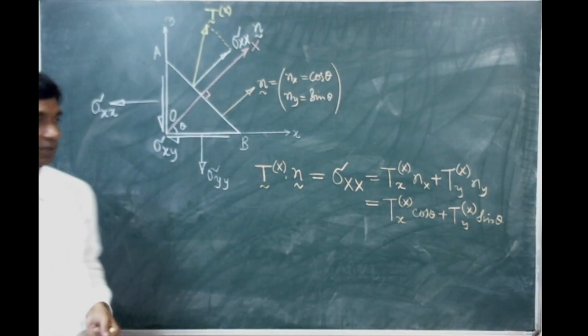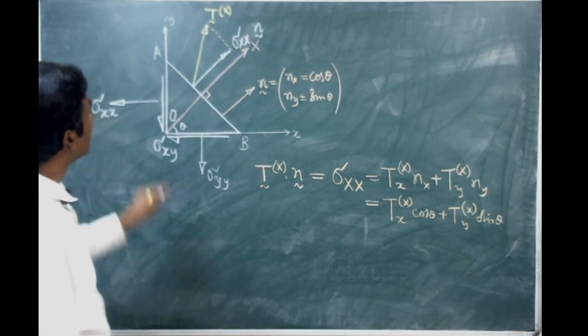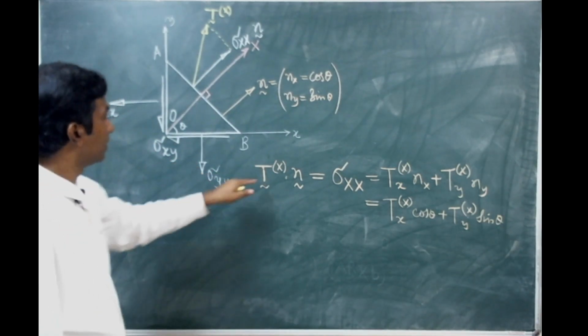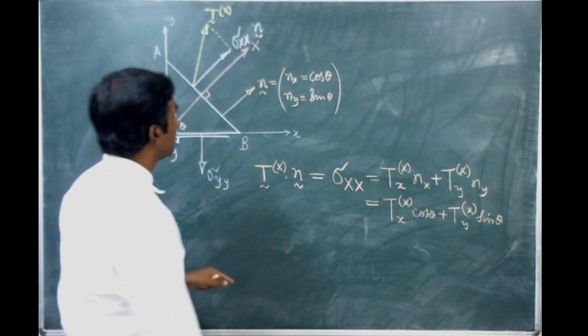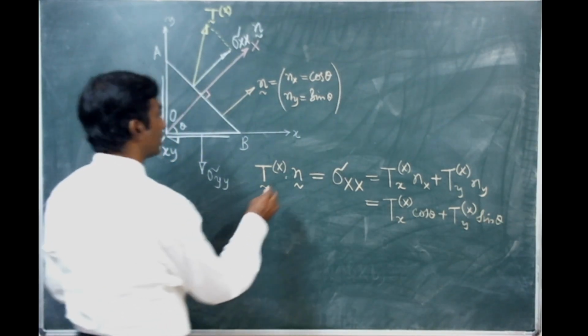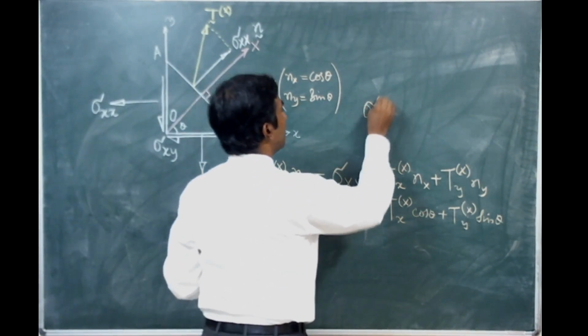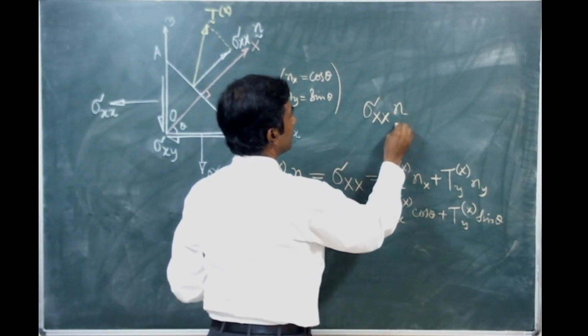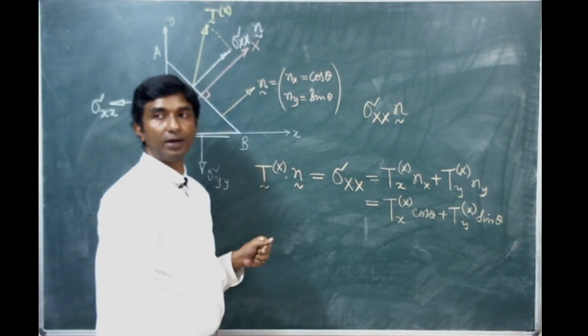So this is the normal component. That means the normal component of this traction vector is represented as sigma x x, the magnitude, and n takes care of the direction.